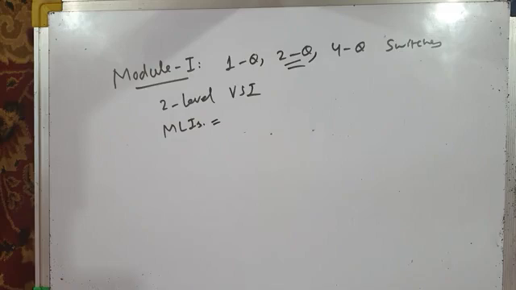And then I have also discussed with you complete electronic realization of 3-level diode clamped voltage source inverter and 5-level diode clamped voltage source inverter. That was about module number 1.